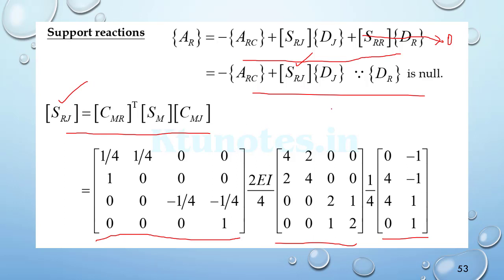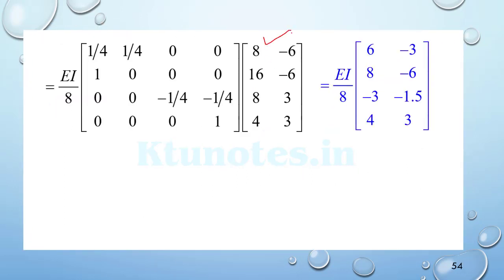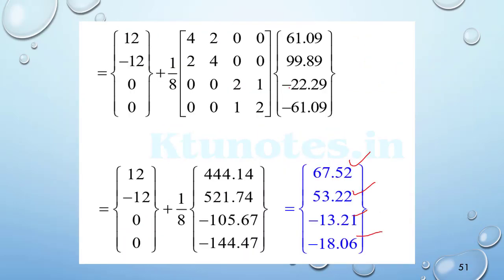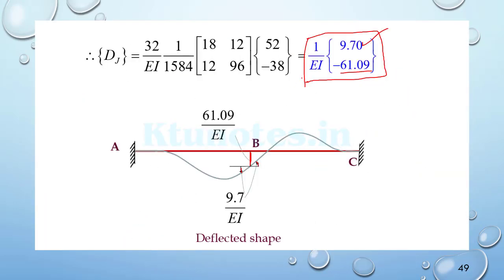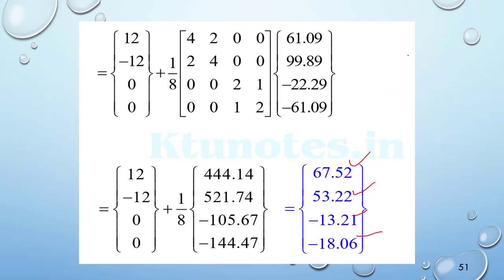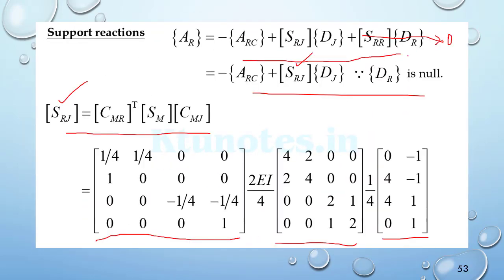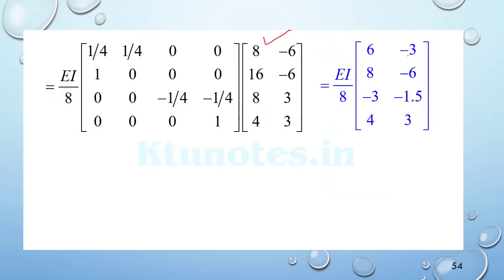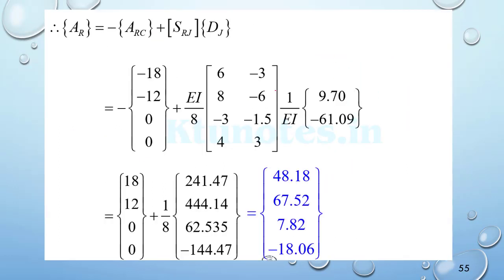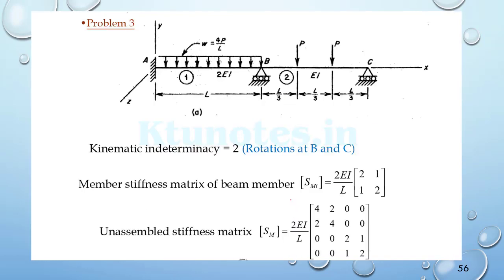Then this Srj into Dj, which we found from the previous slide, plus Arc will give you the final redundant support reactions, 48.18, 67.52, 7.82 and 18.06, as the solution.